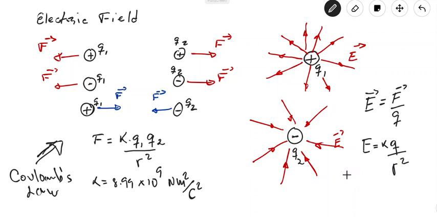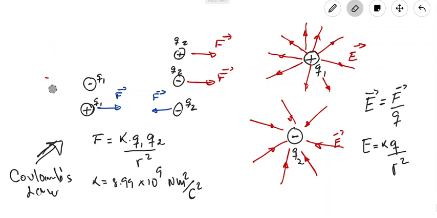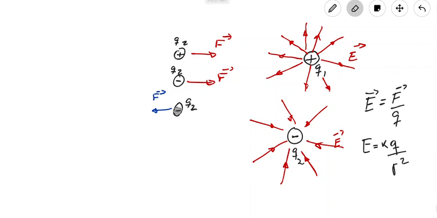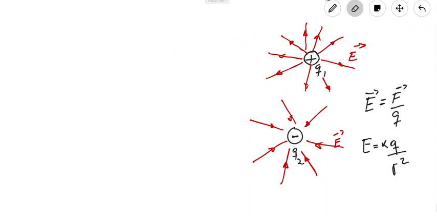So what does it mean? I want to give you one example. Suppose now that I have one charge Q of 3 nanocoulombs. So suppose that I have a charge Q here, positive.